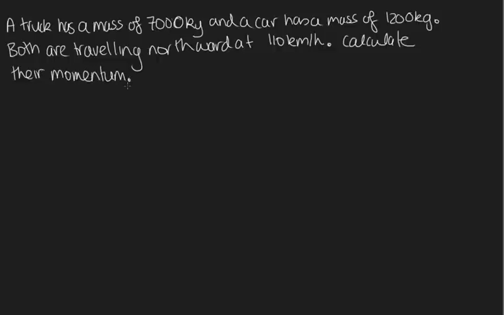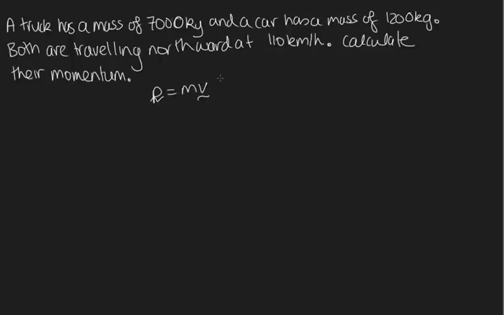So this question says, a truck has a mass of 7,000 kilograms and a car has a mass of 1,200 kilograms. Both are travelling northward at 110 kilometers per hour. Calculate their momentum. So in order to calculate their momentum, we're going to need to use the formula that the momentum is equal to mass times the velocity.